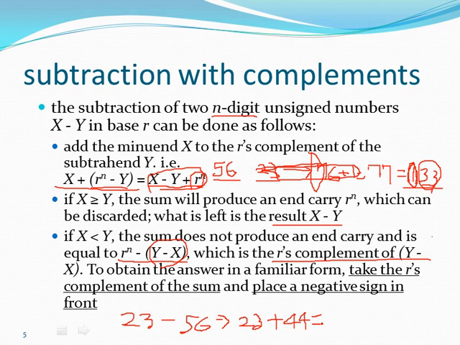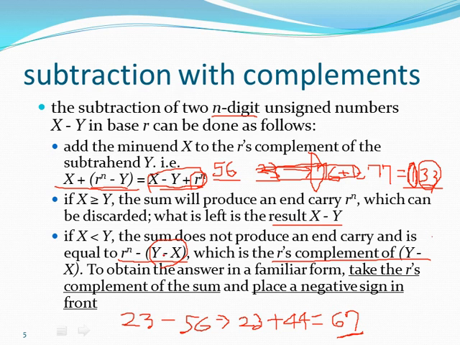And the result of adding tens complement of 56 is 67. Then what's the meaning of 67? The meaning of 67 is tens complement of the difference of 56 and 23.